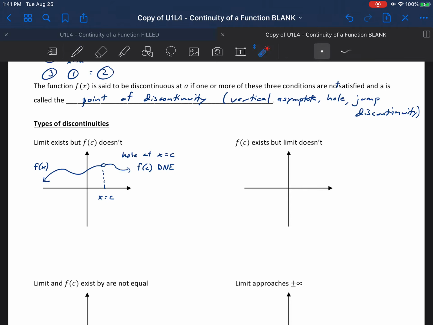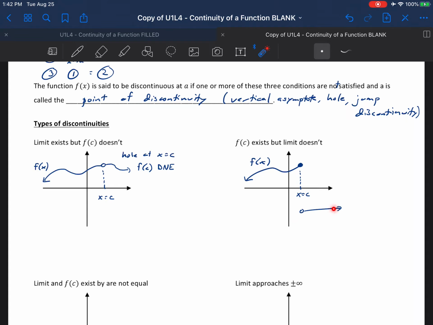Second part, f of c exists, but the limit doesn't. So that could be maybe something like this. I'm going to let this value here be x equals c. This again is our function. But now I've got f of x jumping and being defined down here.